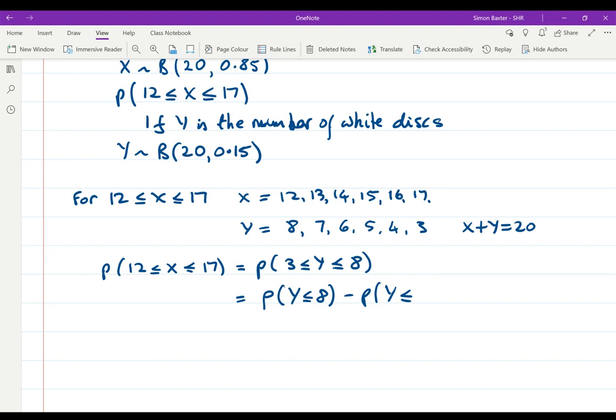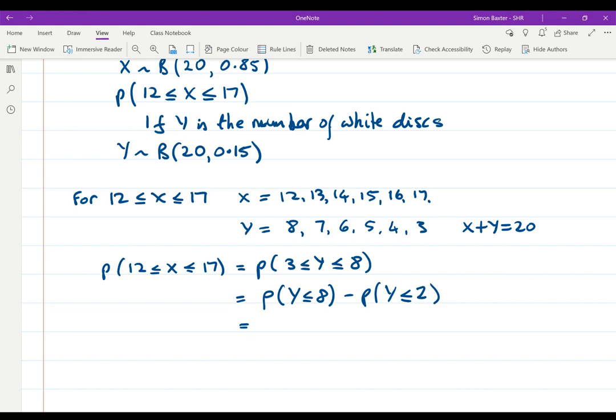It's very easy just to write down 3, but it's wrong. We want to include 3 in the previous line. If we write less than or equal to 3 here, we're taking the 3 away. So we actually want less than or equal to 2.